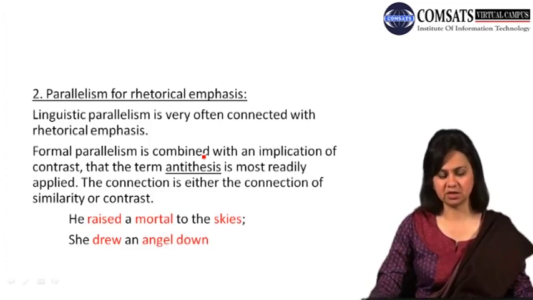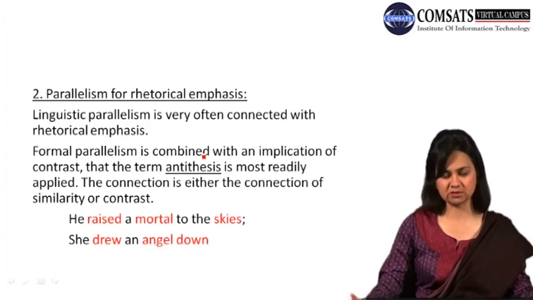drew an angel down. Now, if you observe this line, there are ideas which are contradictory and ideas which are similar, occurring within the 2 lines. We see the first sentence focusing on the subject, he, a man, or a being that is male, or maybe referring to God as well.